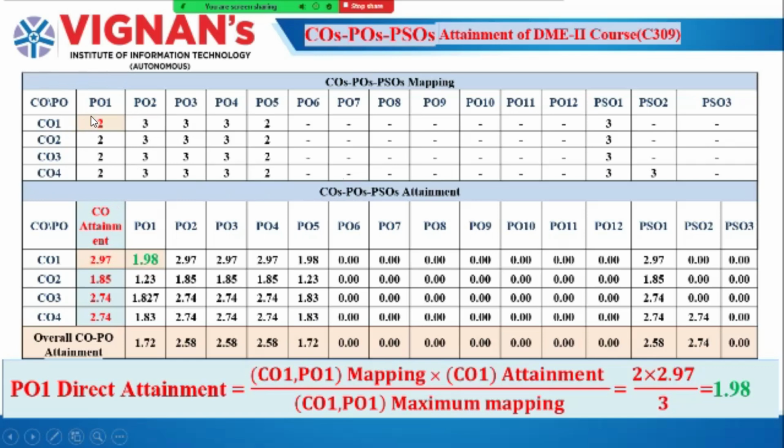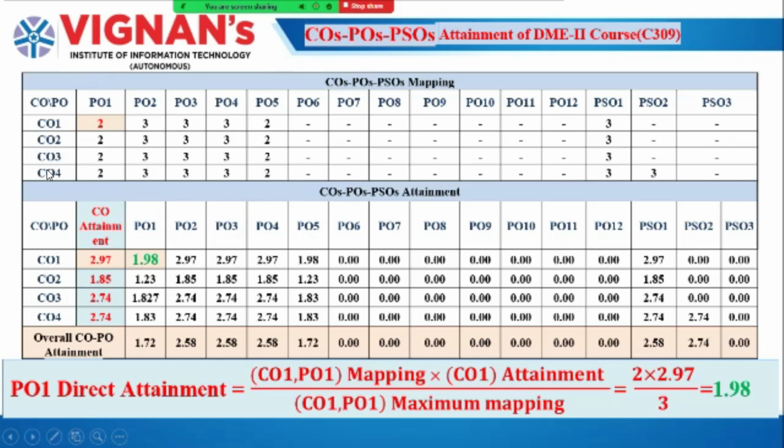So we observe PO2, 3 and 4 all are the same, 2.97, 1.85, 2.74, because the value is maximum 3 by 3, you will get 1 into this value, the same value. Here also for PSO1 the same value. But here PSO2 is similar, 2 by 3 into attainment. Then you will get the PO attainment.